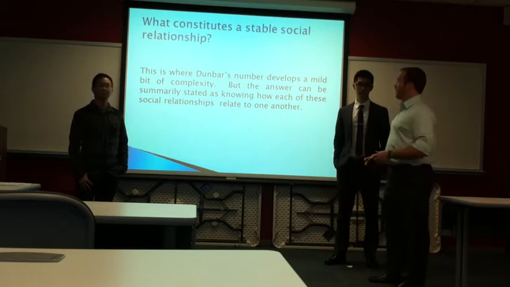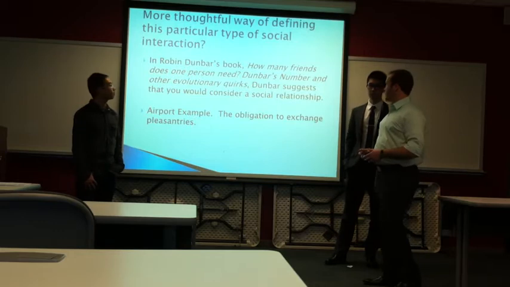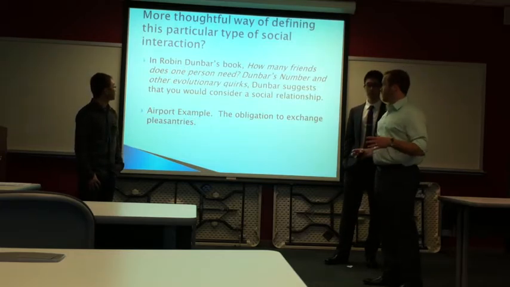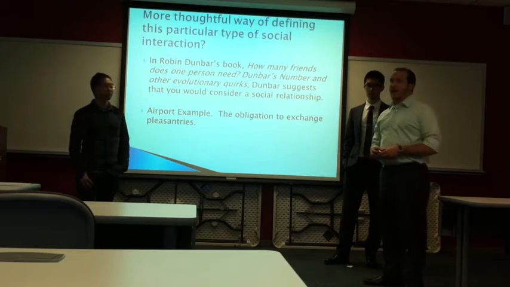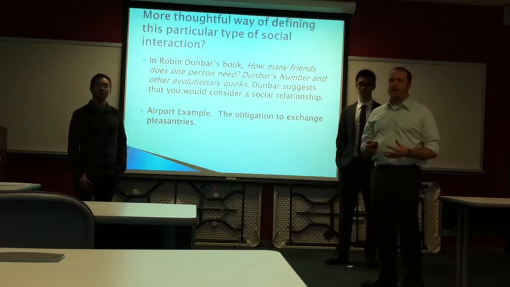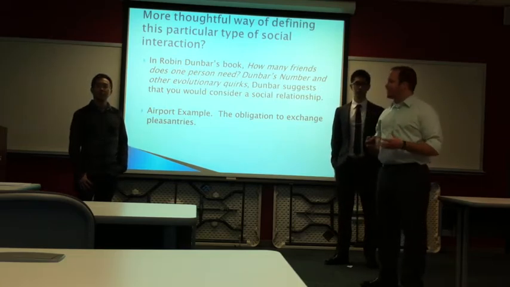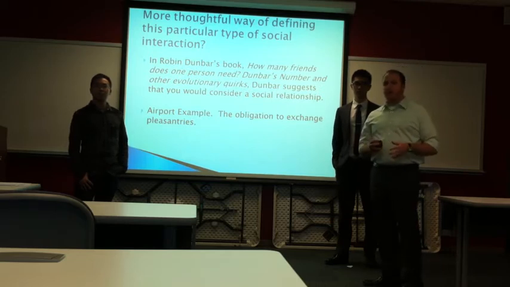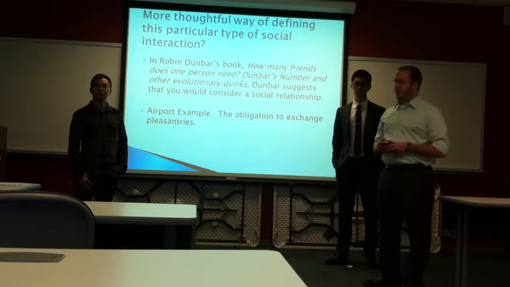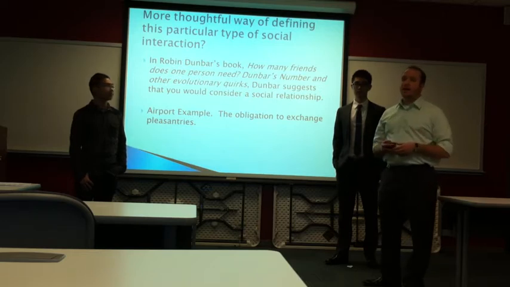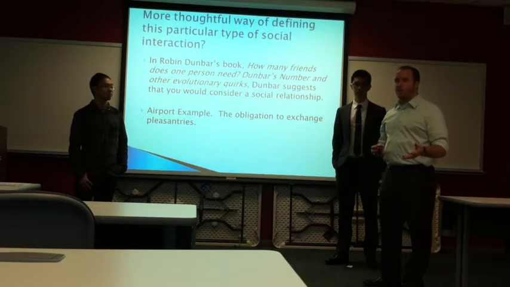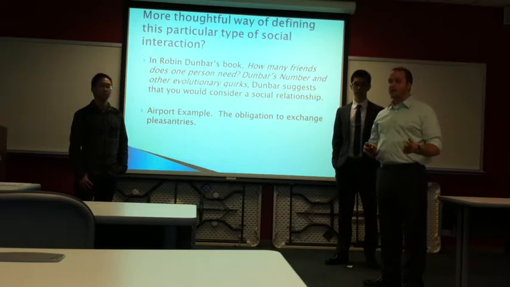So in our research, we found a book by Robin Dunbar himself, called How Many Friends Does One Person Need? Dunbar's Number and Other Evolutionary Quirks. In this book, he provides an example of the kind of relationship he's talking about. If you were at an airport, walking through a busy terminal, and you pass by somebody and you realize that you know them. But not only do you realize that you know them, you feel obligated to go and talk to them.